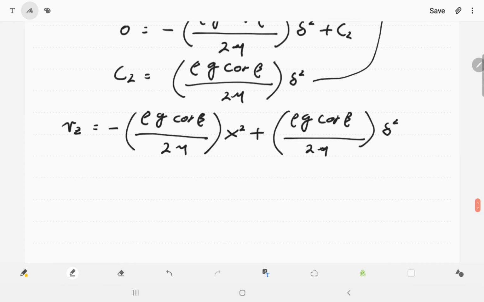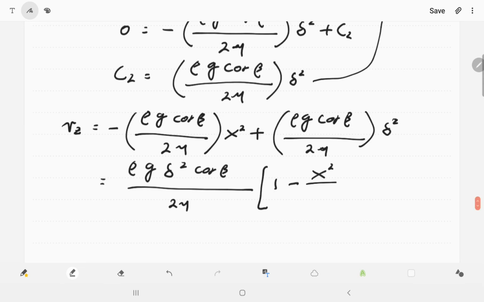And then let me make it clear. This can be simplified further. Cos beta divided by 2 mu times 1 minus x squared, this squared.